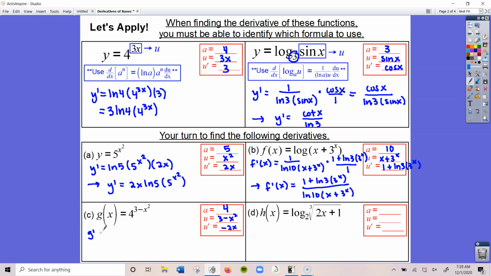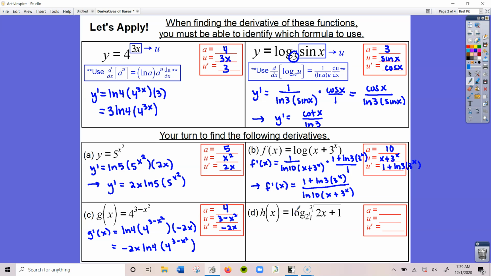So g prime of x would equal the ln of the base, so 4, times the exponential function, 4 raised to the 3 minus x squared, times the derivative of the exponent, so negative 2x. And again, we can just rewrite this as negative 2x times the ln of 4 times 4 raised to the 3 minus x squared.